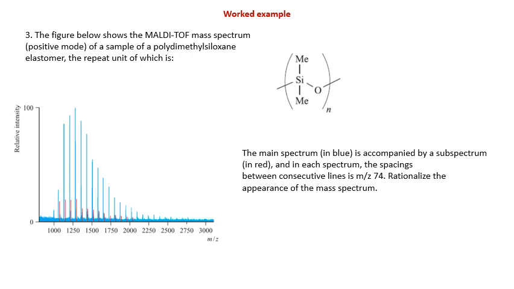Now, this observation of two series indicates that both the cyclic oligomer and the linear chain are present in the mass. However, if you observe the intensity ratio, the blue signals are much more intense than the red signals, so from this relative intensity you can understand that the cyclic oligomer dominates over the linear chain.